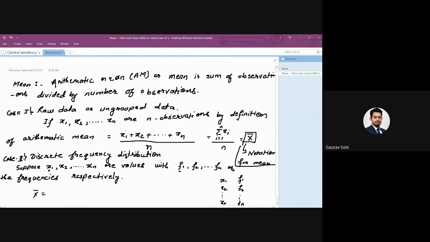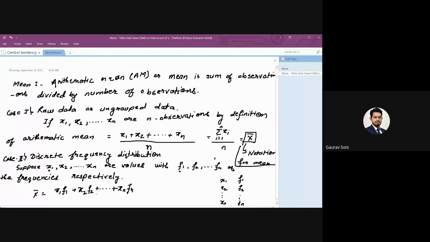What you were doing before, you had n observations, you added all of them and divided by the number of entries. But in this case, x1 with frequency f1 means x1 is the observation which is repeated f1 times. So either you add x1 f1 times or you multiply x1 with f1. This is going to be one and the same. Then plus x2 f2 and so on, up to xn fn.